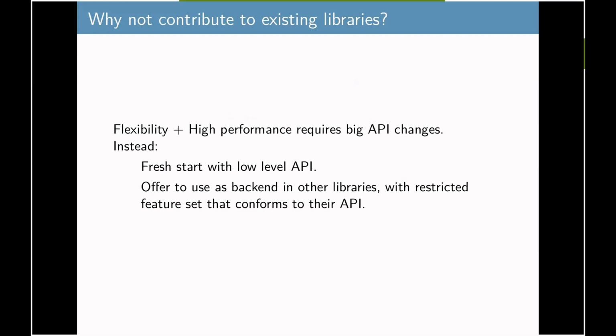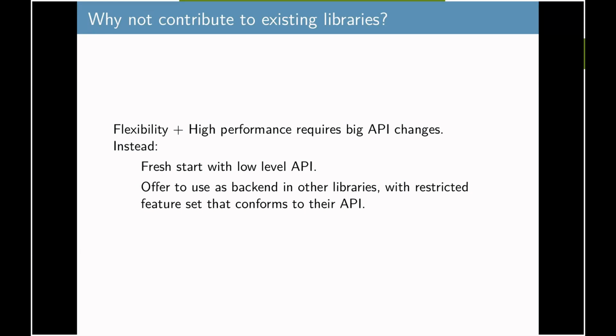So like I said, why not contribute to nalgebra, for example? The reason is that to achieve the flexibility and degree of performance that I aim for, it will require significant API changes, mainly on the SIMD side and the multi-threading side. So for vectorization, nalgebra doesn't offer a very convenient API for non-native types, which makes writing generic vectorized code quite a bit difficult.